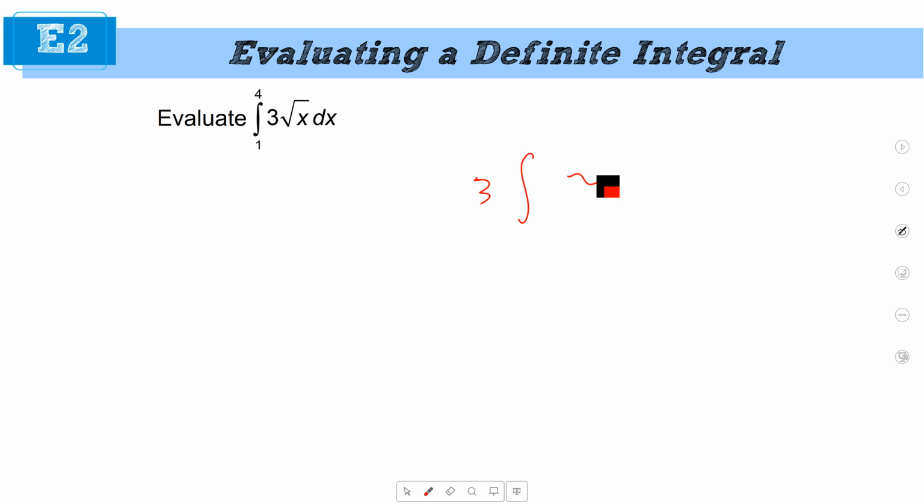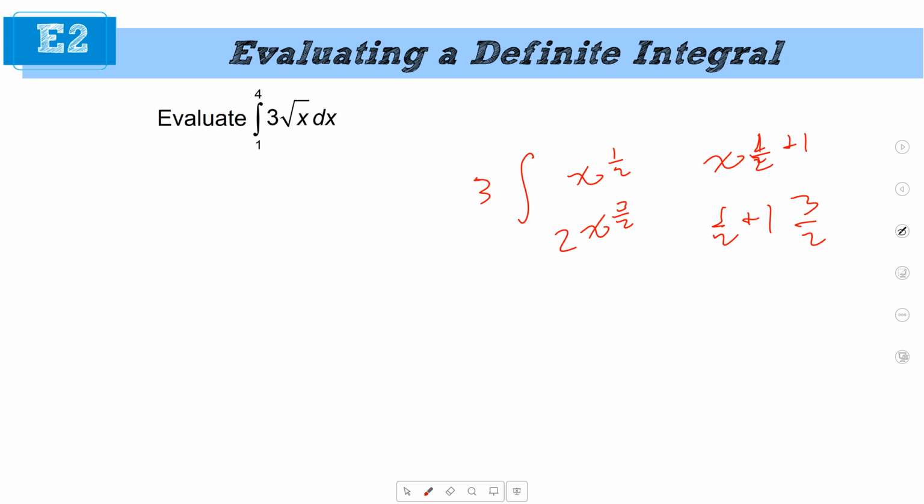X to the 1/2 is 2/3 x to the 3/2. By the way, that's a pretty good integral symbol for a rookie. That's great. And then plug it in. Oh, I'm going to explain how I got this. X to the 1/2, so that's one of the rules: 1/2 plus 1 would be 3/2.